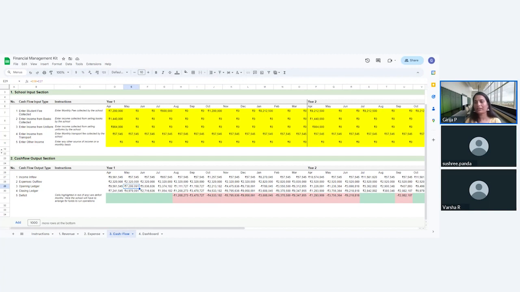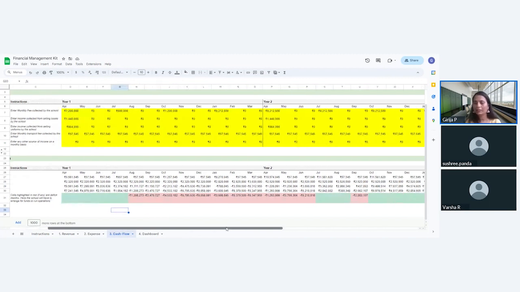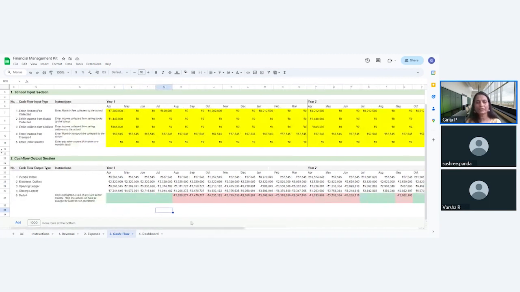expending on different sources. So here you can see one more thing, a few cells are looking red. It is showing the deficit. Deficit means how much money you are lacking in that month after the spending. So for example, in August, you started with 1 lakh in your hand that month. But after the spending, because you have the expenditure of 2 lakh, you have a shortage of 1 lakh.